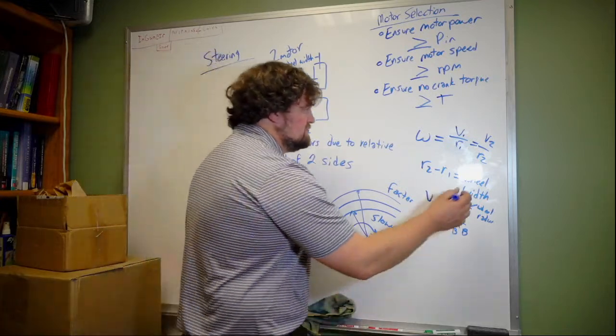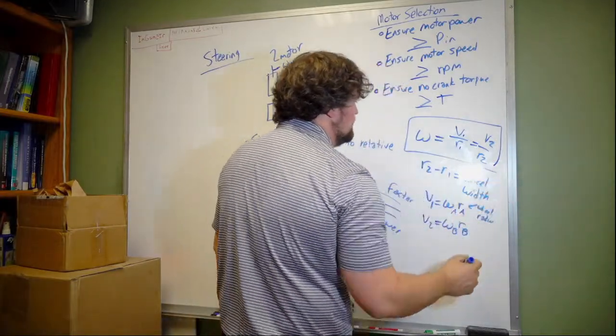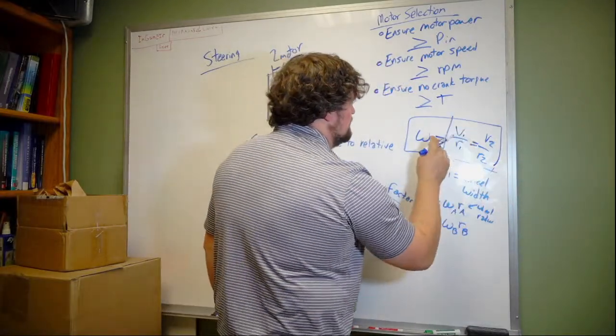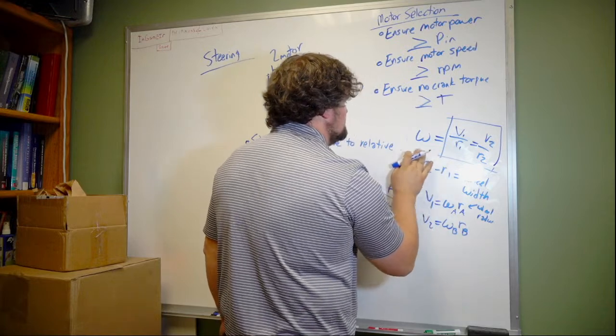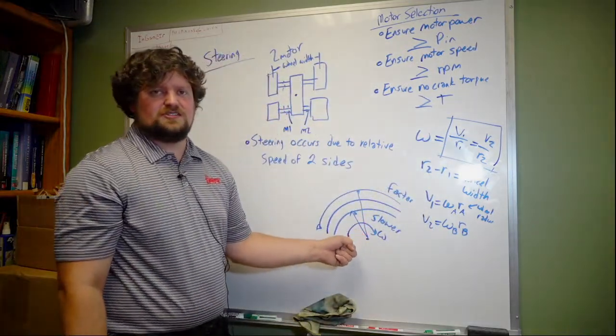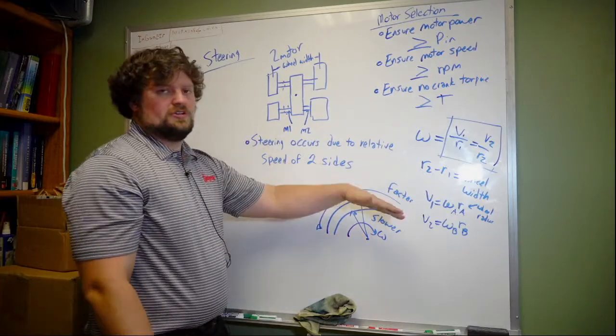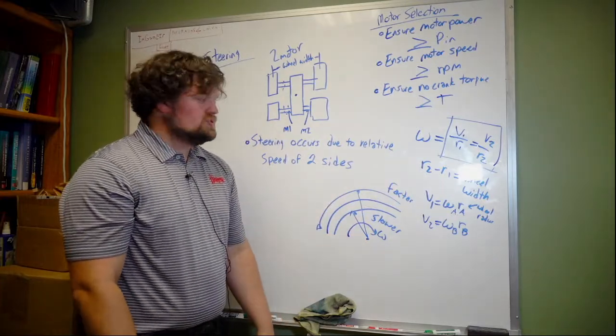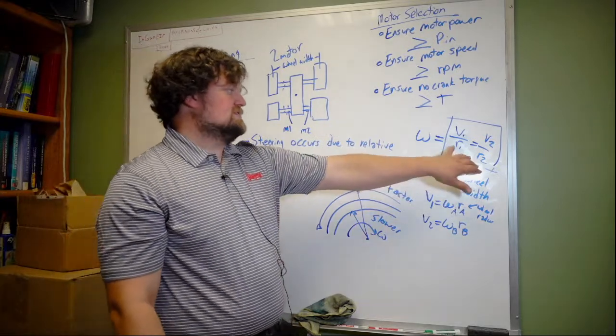Okay, so this is really the relationship that you end up with. Your omega doesn't matter as much here. This is your rotation about some fixed point, which acts as the center of rotation for your entire turning motion. But this is really where it comes from.